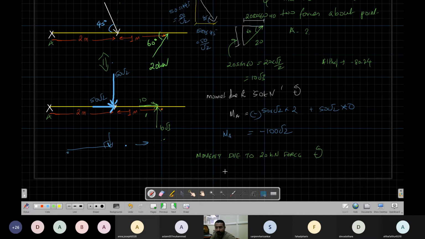First is this force, 10 root 3. The perpendicular distance is the total distance, that is 3. The sense is anti-clockwise, so it is positive. Plus 10 times the distance, which is 0 because the line of action is passing through this point. So this gives me 30 root 3 with the plus sign.